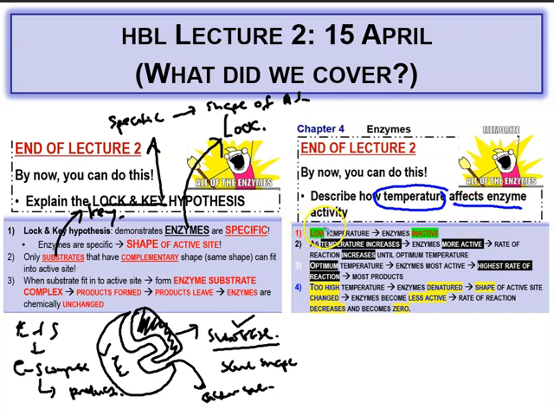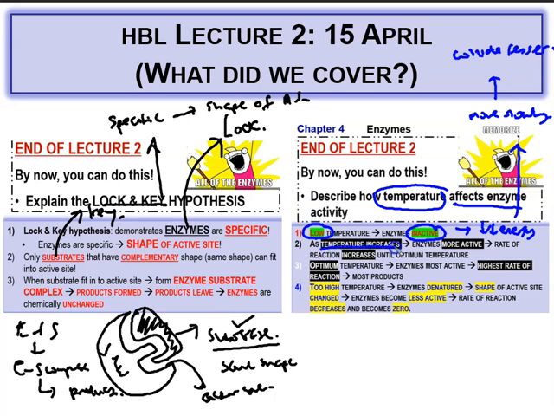We had a few things. At low temperature, the enzymes are inactive because there is not enough energy, so the enzymes and the substrate move very slowly, and because they move slowly, they collide less with each other.